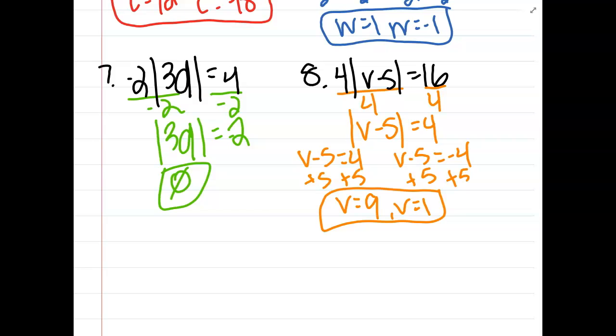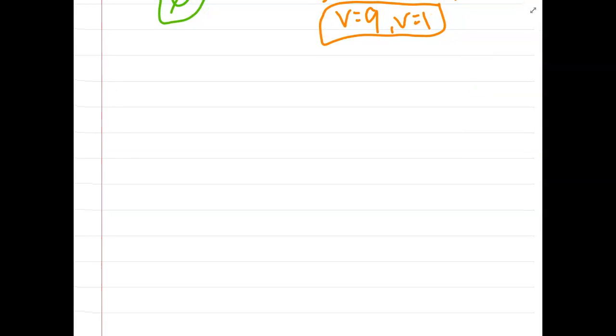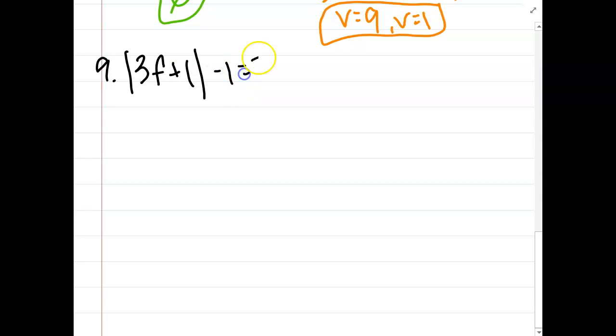Okay, let's do one more together, and then I'll have you try the last one on your own. Okay, number 9 says the absolute value of 3f plus 1 minus 1 on the outside equals 7. Okay, first thing is my absolute value isolated. Not quite.